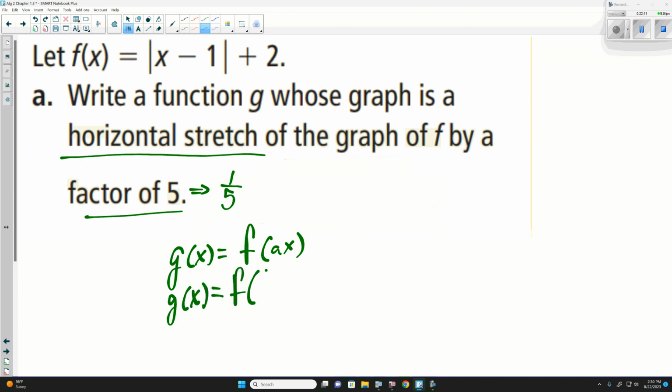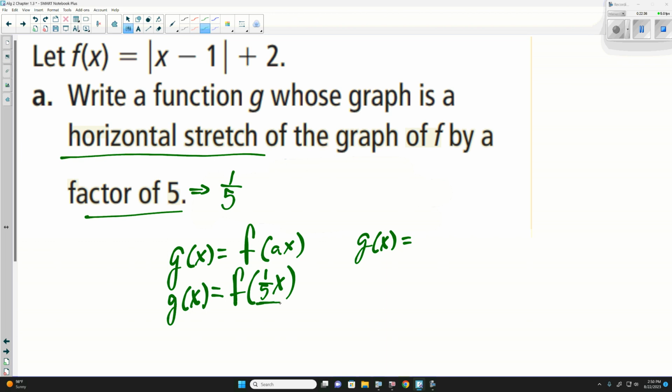Now at this point, we can replace a with 1/5, because we can plug that in for a. Now I'm going to write this off to the side. You can write it underneath, because I still want to have the main function on the screen. So now we have f of 1/5 x.